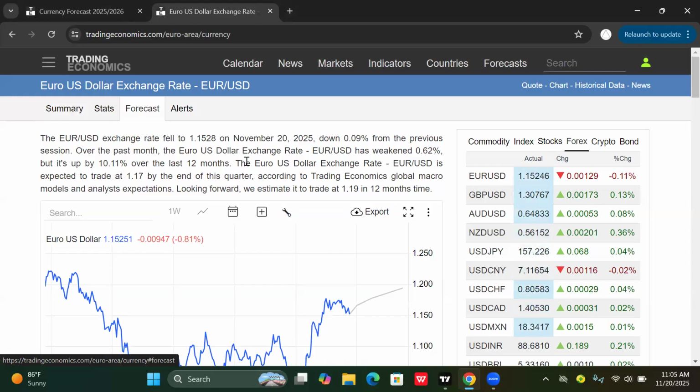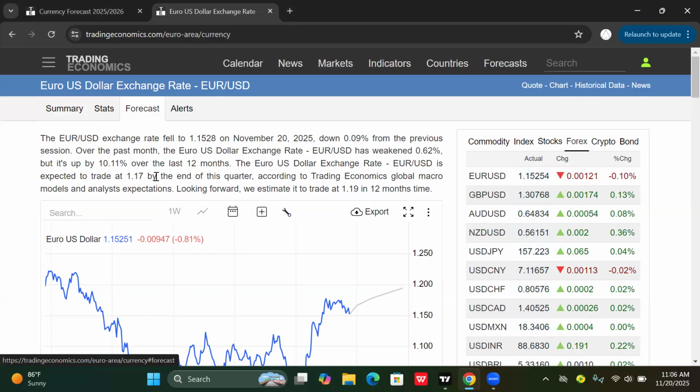The euro dollar exchange rate is expected to trade at 1.17 by the end of this quarter, according to Trading Economics global macro models and analyst expectations. Looking forward, we estimate it to trade at 1.19 in 12 months' time.